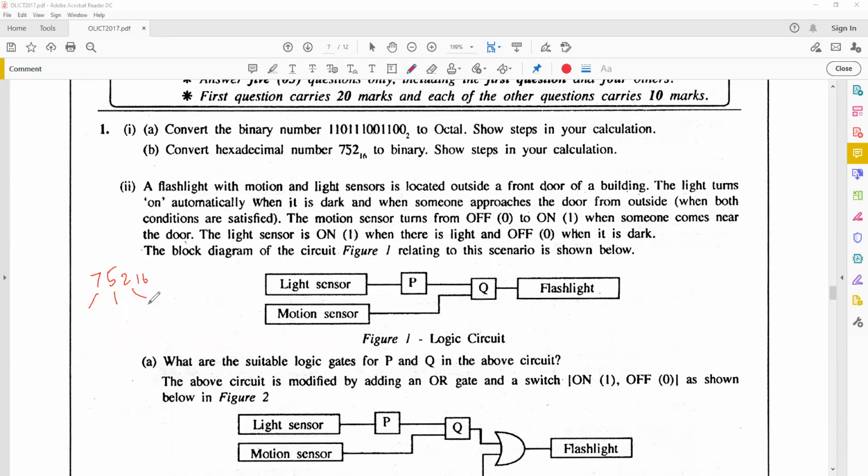If you want to put it in 4 bits, 0010. Yes. So that is 2. 5. That is 0101. 7. It's 0111. So when you write the answer, you don't need the first 0.